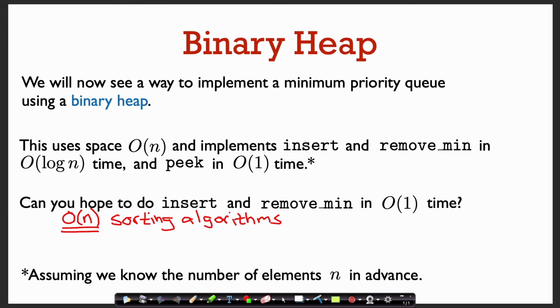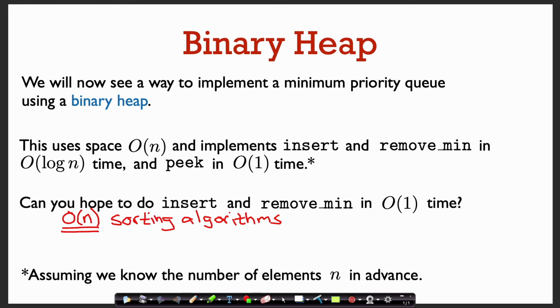Okay, so in the case of following this protocol with a binary heap, that would actually give us a comparison-based sort. And we know that a comparison-based sort cannot be done in order n time, right?